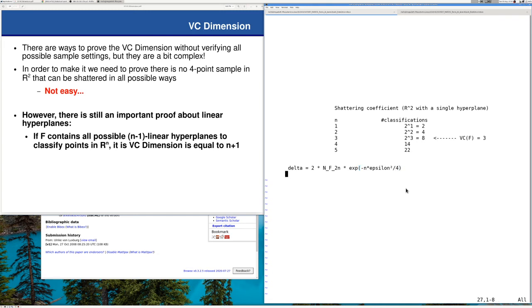If the shattering coefficient is polynomial, I can come up with this formulation: the exponential of the log of my shattering coefficient function, minus this term over here.